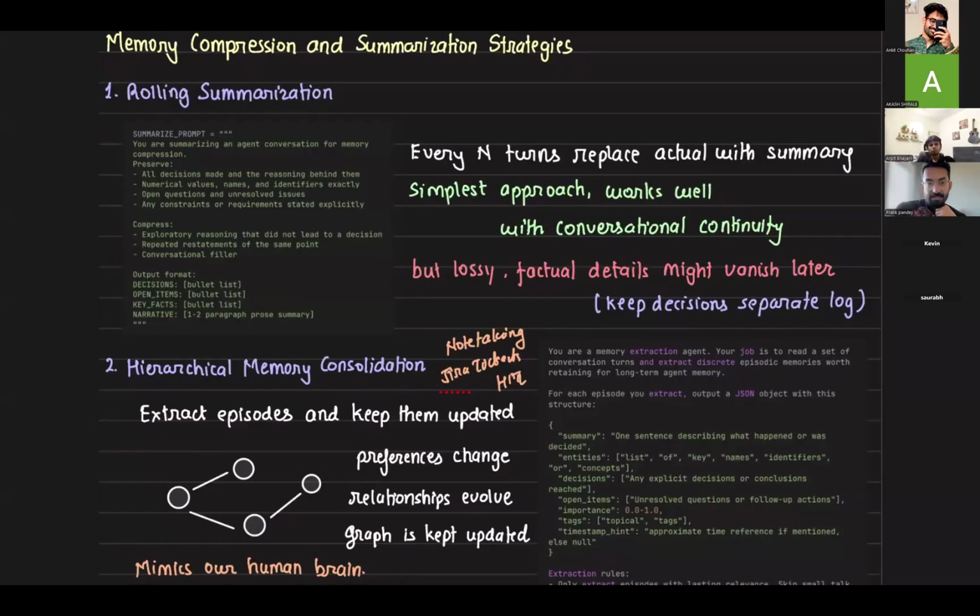The second is hierarchical memory consolidation. My question goes back to how we define the graph and the relationships, how we define the entities here. This will be very use case specific.